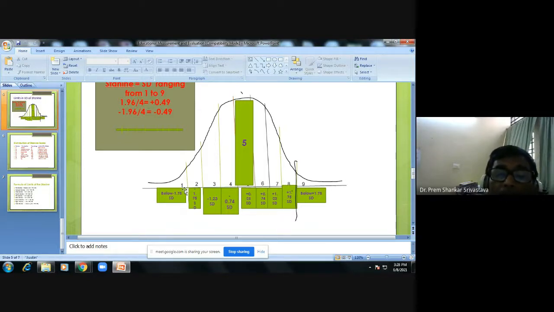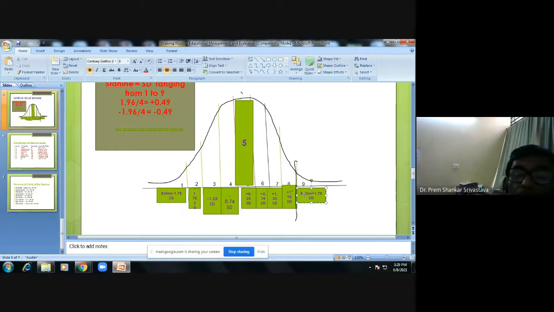Then the sixth is 0.74 standard deviation, the seventh 1.23 standard deviation, the eighth plus 1.75 standard deviation, and the ninth Stanine is above 1.75 standard deviation. This is the above and this is the below.